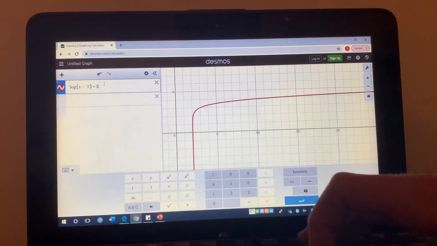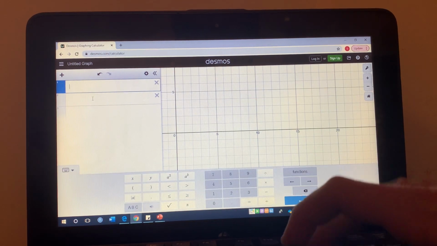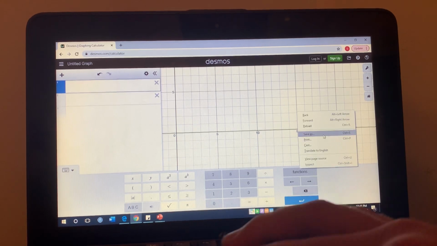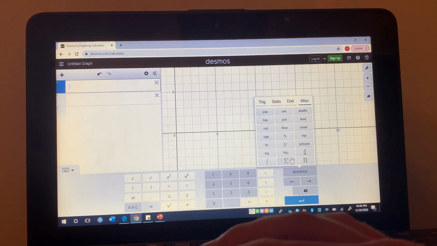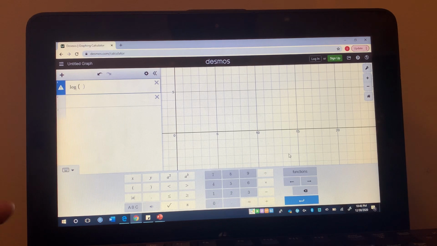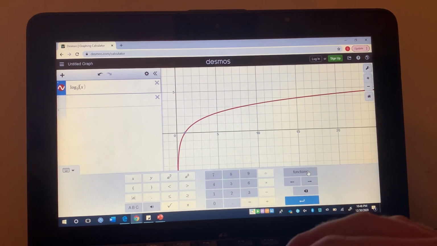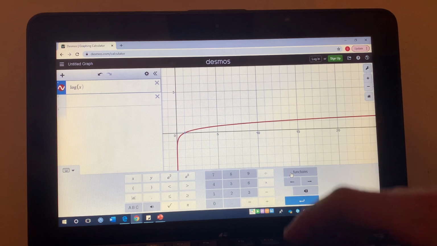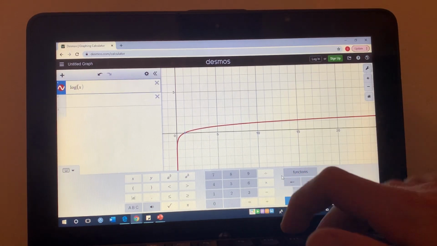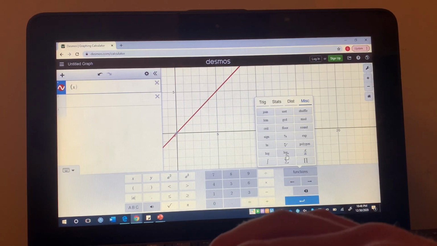Now let's mix it up a little bit. Let's go over functions with a different base, log base 2 of x, because if you increase the base, it makes it skinnier. So I probably shouldn't have done that there.